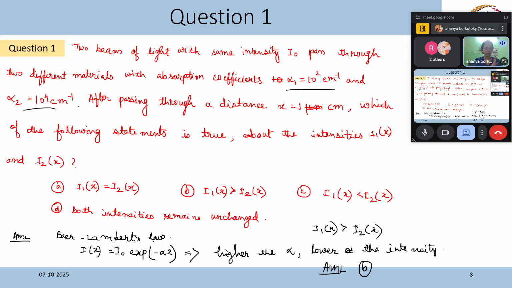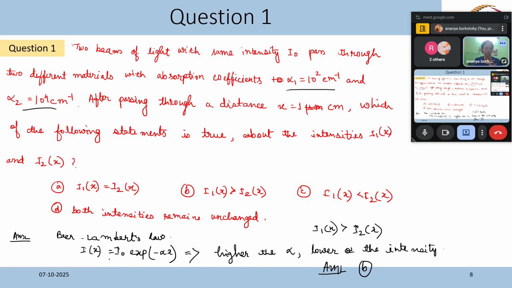If you are asked to find the intensity for a particular wavelength, for a particular material, you can do the calculation based on the given alpha and x. You can find the intensity, and just pause and think for like 5 seconds whether the value is correct or not.